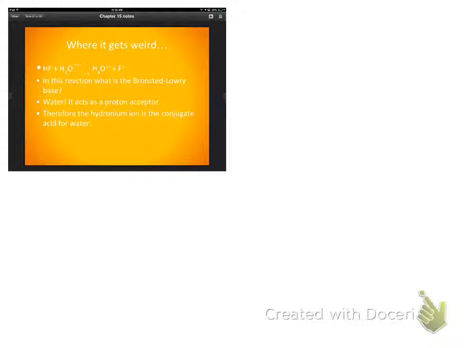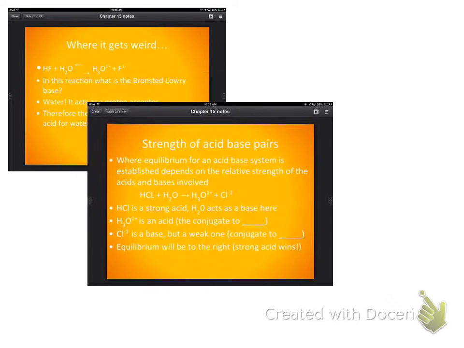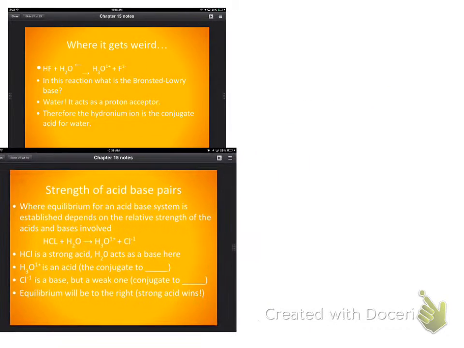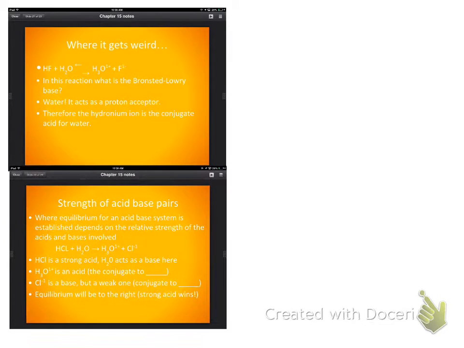And the last slide, and this is what we'll finish with, is the strength of the acid-base pairs. And that's what we just talked about. So if something is a strong acid, its conjugate will be weak. If it is weak, its conjugate will be strong. So we always have opposite pairs.